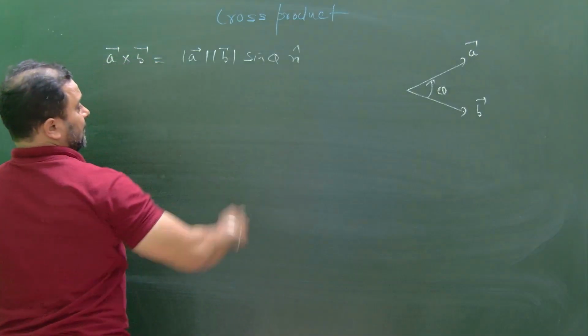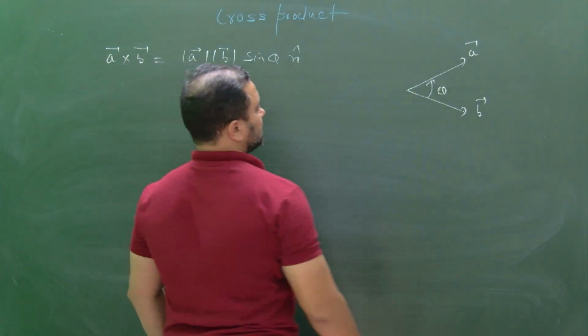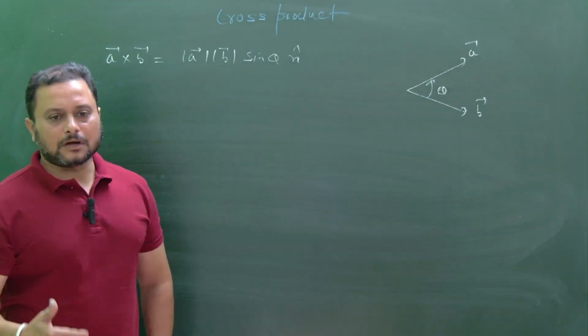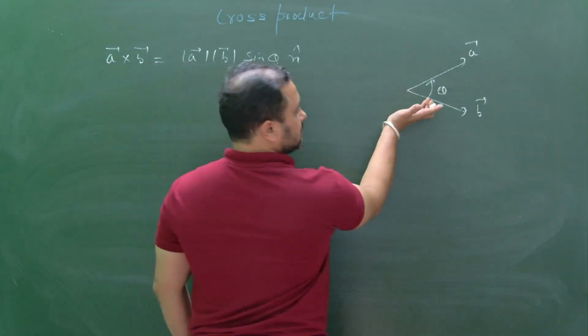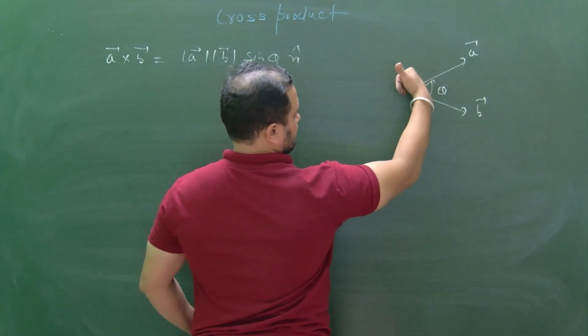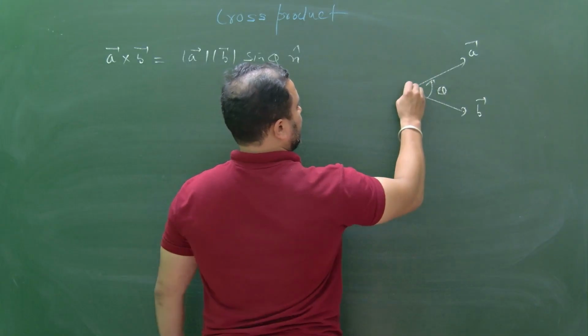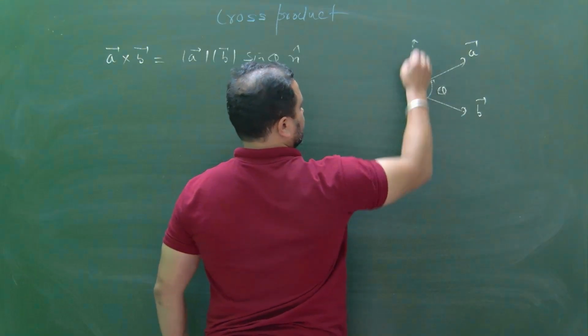This unit vector is perpendicular to both vectors. There is a rule called the right hand thumb rule. If the angle is like this, then the unit vector is perpendicular in this direction.